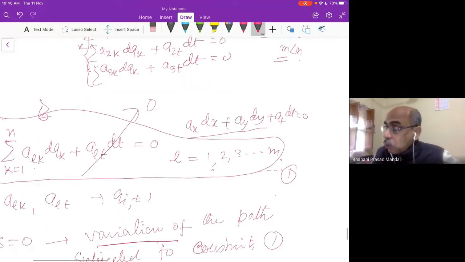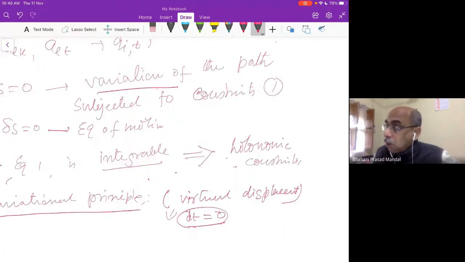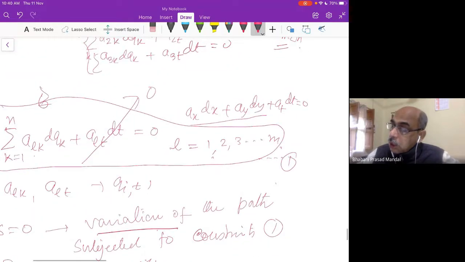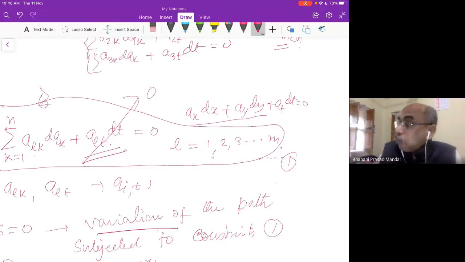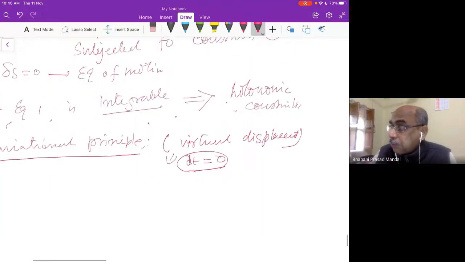To do this, the variational principle using virtual displacement means using this constraint condition without this term, which is also possible when this equation is integrable. But if this is not integrable, then we can also do a similar thing by considering virtual displacement. So this you read. Up to this, I will not tell anything extra today. In the next class you can ask, then we'll tell.